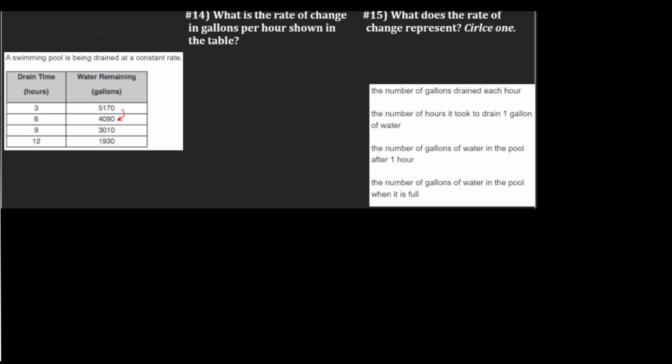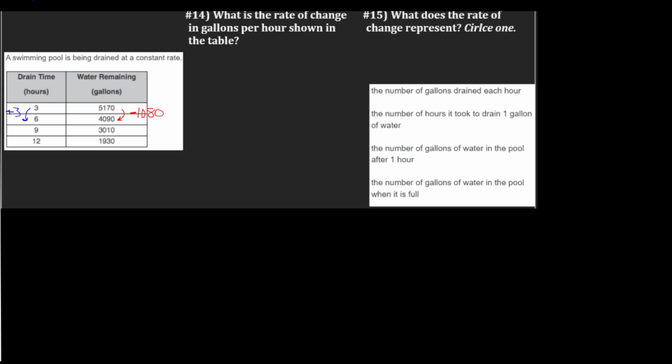We went down, so we subtracted. I subtracted 1,080 to get from here to here, and for my x value, a little bit easier, this is just adding 3.